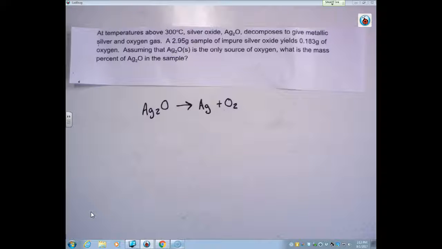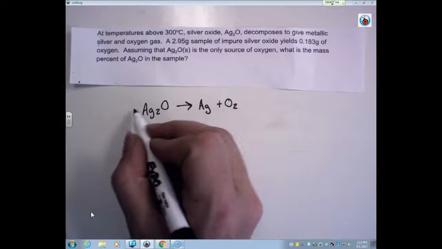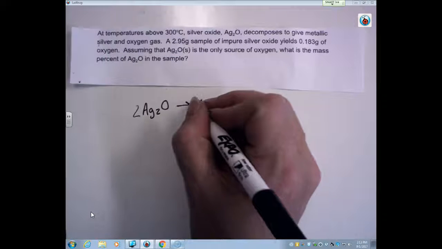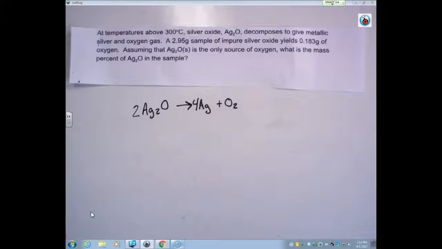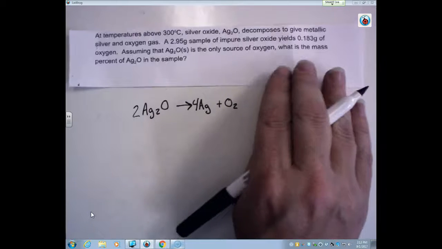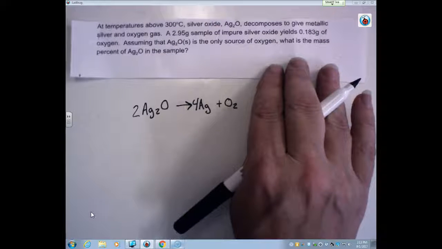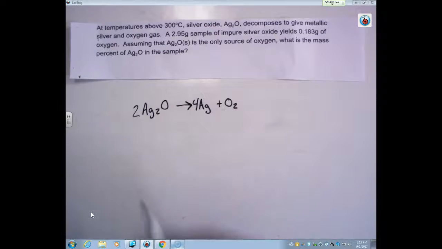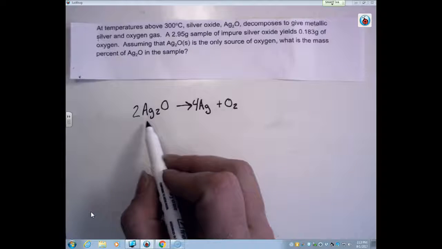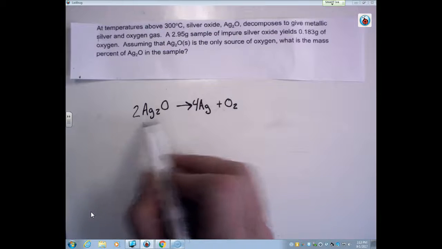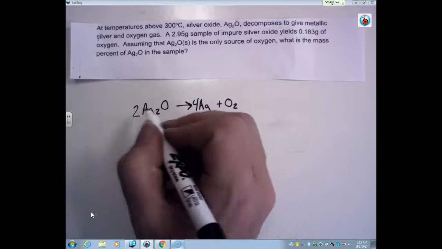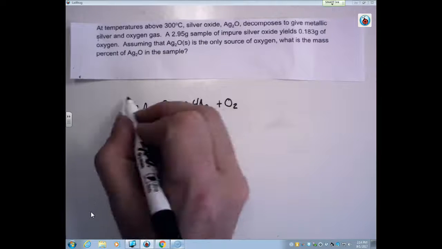Of course, our next step would be to balance this equation. So if I balance my oxygens, I need to put a 2 here, and then my silvers, I have got to put a 4 here. All right. Now, let's extract some information from this problem. They're telling me that I have a sample of impure silver oxide. If I knew the amount of silver oxide, I would put it here, but because this is impure, it's silver oxide and some other junk.